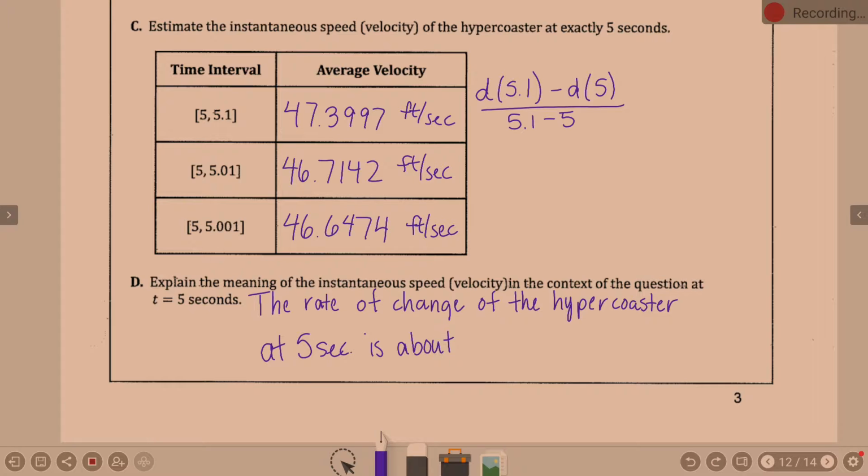We can use that one that we have, 46.647, which would be your minimum expectation. Our rule of thumb this year: AP requires 3 decimal places all the time. Rule of thumb, 3 minimum. Will I often go more in a situation like this to give us a little bit more? Yes. But when you give a final answer, you want to give 3 minimum decimal places. I forgot my label here, feet per second. Always go 3.